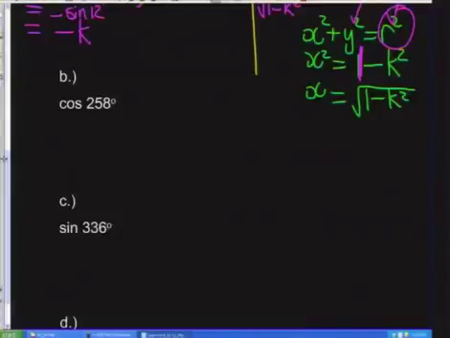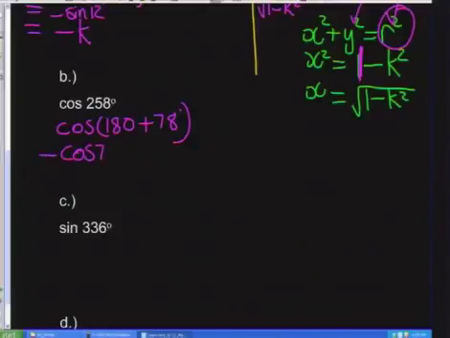Now this one can be done in a variety of ways. You could start out, depending on whether you know the 270 rule or not, by saying it's cos of 180 plus 78. Okay, because 180 plus 78 will give you 258. That's in the second quadrant, so this becomes minus cos 78.